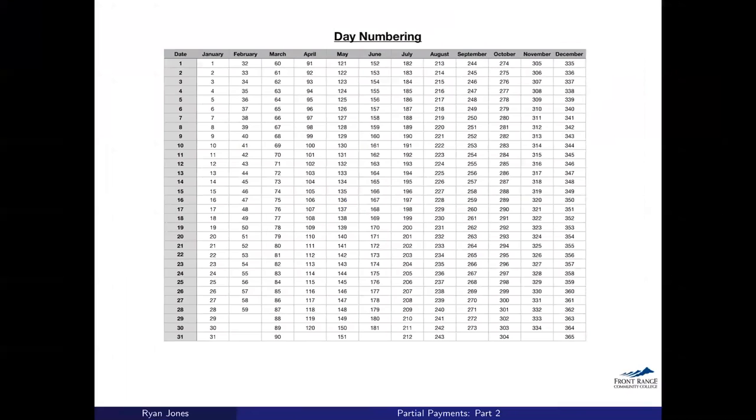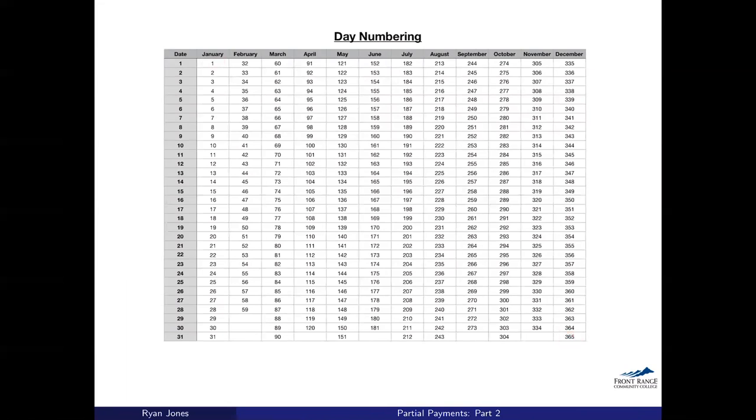So we will take a look at this day numbering cheat sheet. I know this is probably zoomed out quite a bit and might be kind of hard to read, but that's okay. What we've got here is a counting of which calendar day corresponds to what day of the year. Obviously, January 1st is the first day of the year, and December 31st is the 365th day of the year.